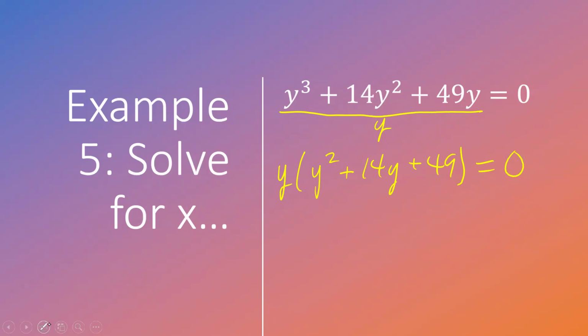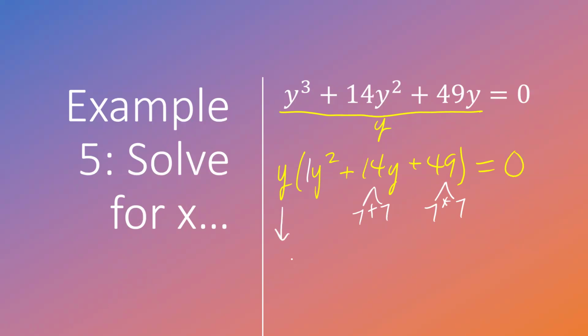Okay, and now because our leading coefficient is a 1 on Y squared, we're going to ask ourselves what multiplies to give me 49, but adds to give me 14. 7 squared, right? 7 times 7 is 49. 7 plus 7 is 14.